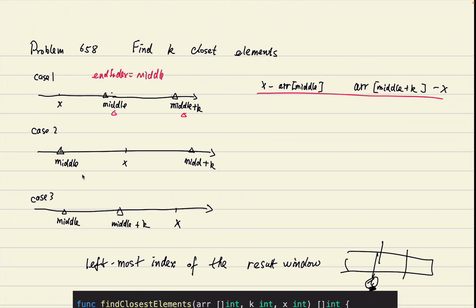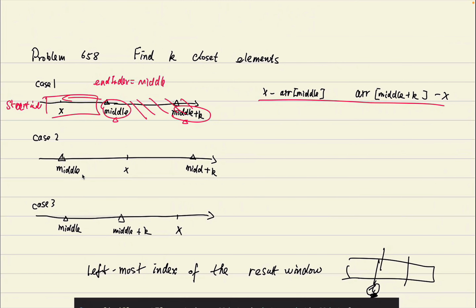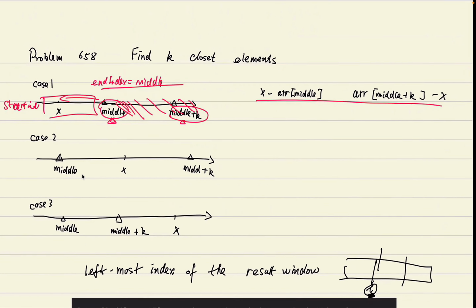Because in this case, we notice that this guy is obviously closer than this guy, so the start index is somewhere in this part of the area. So we need to discard all the possible ranges here because they are apparently much further than the middle index.